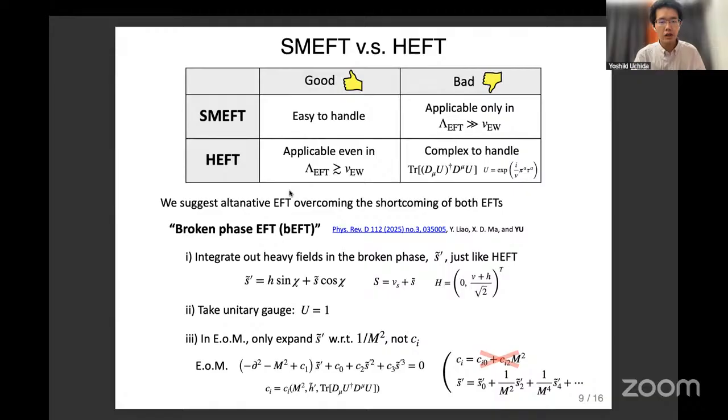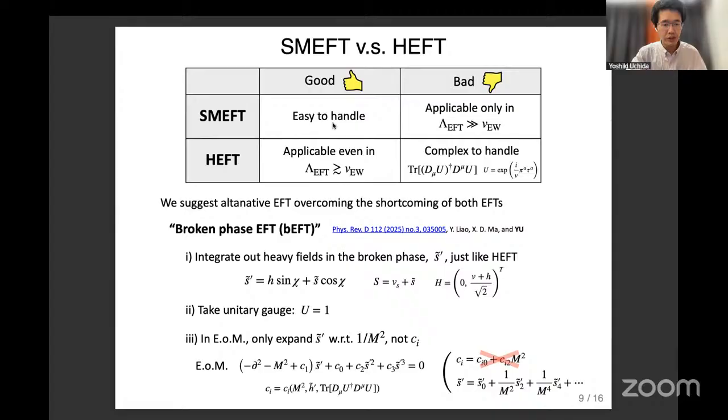In this table, I summarize the good points and bad points of the Standard Model Effective Field Theory and the Higgs Effective Field Theory. The good thing about the SMEFT is that it is easy to handle, but the disadvantage is that the SMEFT is only applicable if the cutoff scale is much larger than the electroweak scale.